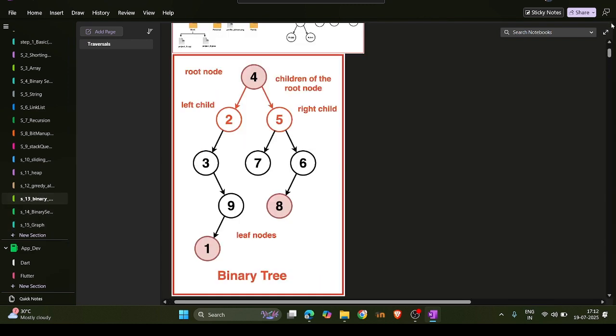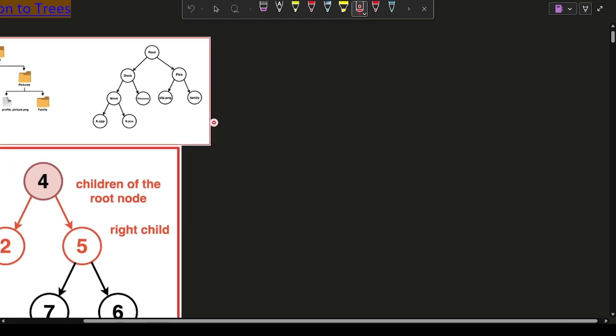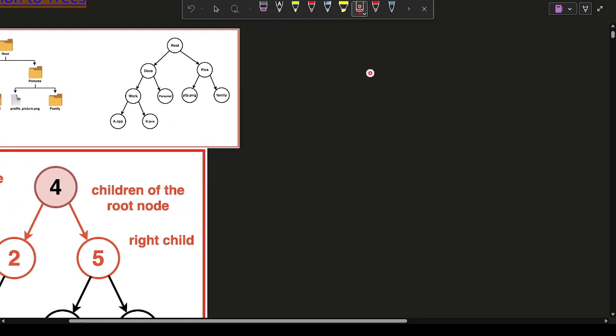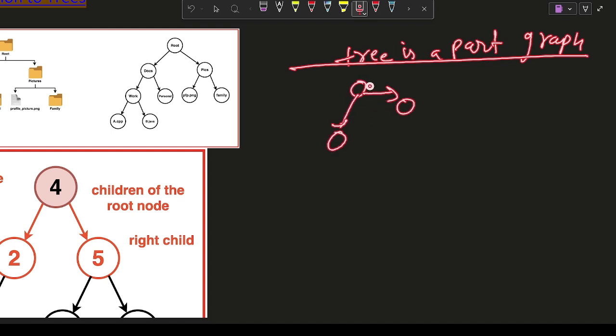Now come to the tree. I am also explaining about the tree. A tree is a part of graph. In a graph we can connect any node to another, we can connect multiple nodes, and all may be interconnected.